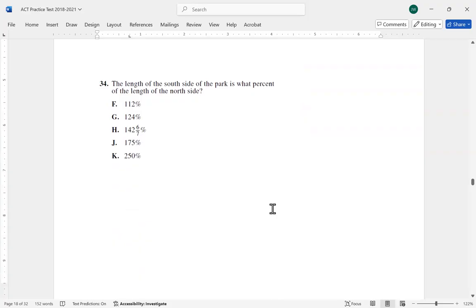Question 34. The length of the south side of the park is what percent of the length of the north side? So the south side of the park equals what percent times the north side of the park? What percent of the north side of the park?